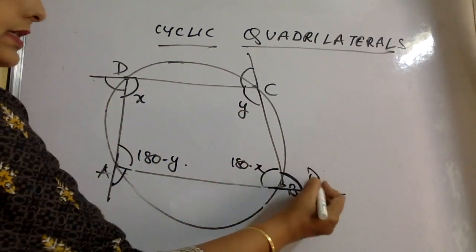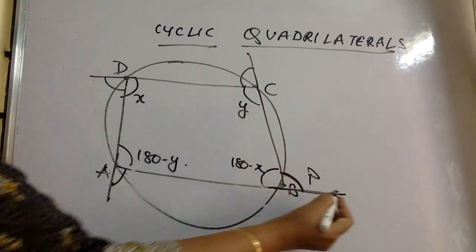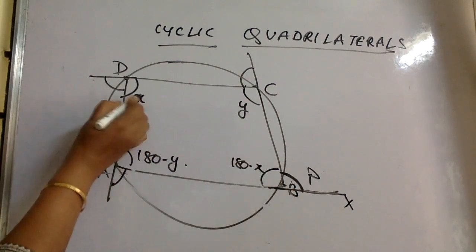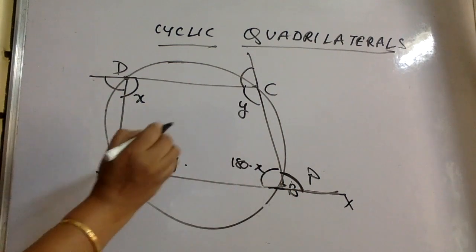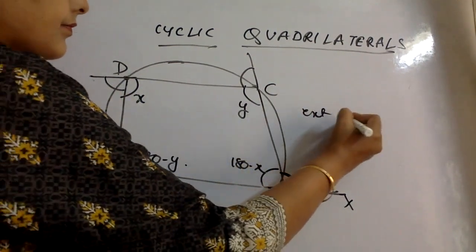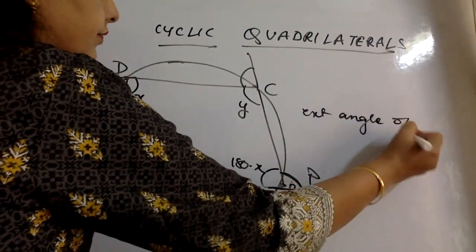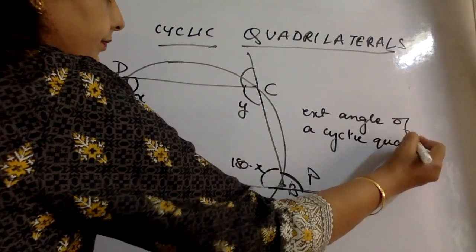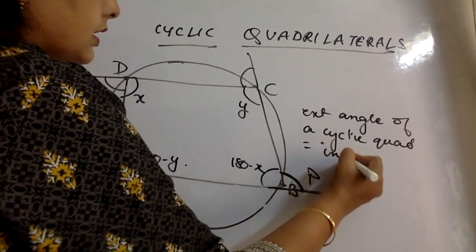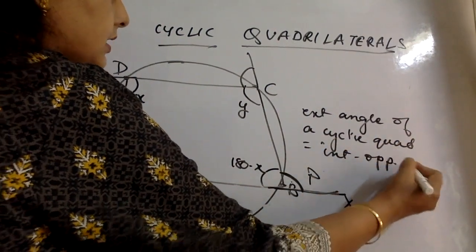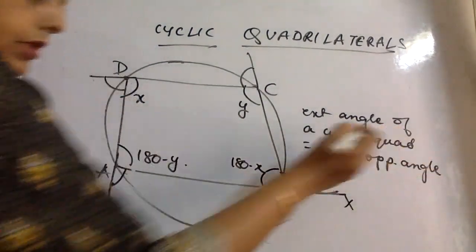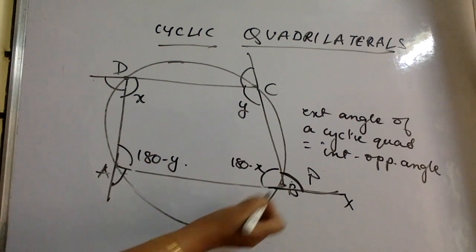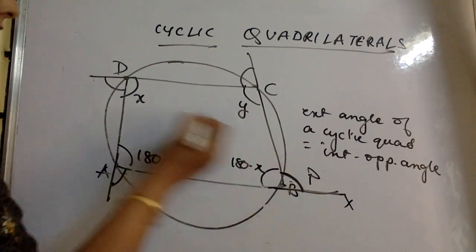So the exterior angle of a cyclic quadrilateral is equal to the interior opposite angle. This is exterior and this will be equal to this angle.